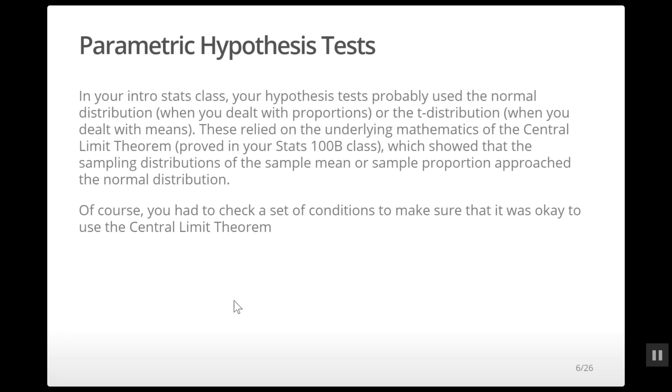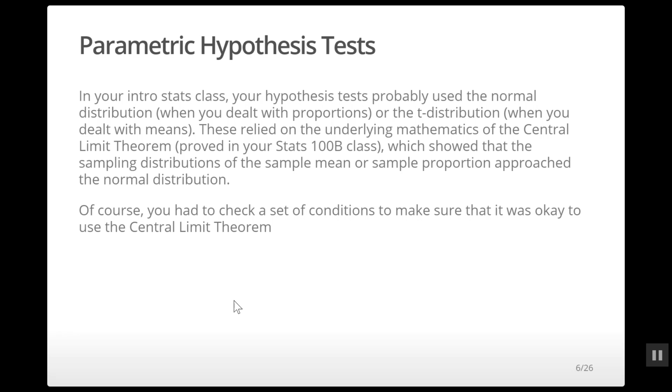And so these things, when we did that, they use the normal distribution, or the t-distribution, as part of the way we get our p-values, okay? And they depend on the central limit theorem, and maybe you have to prove that in 100B or something like that.